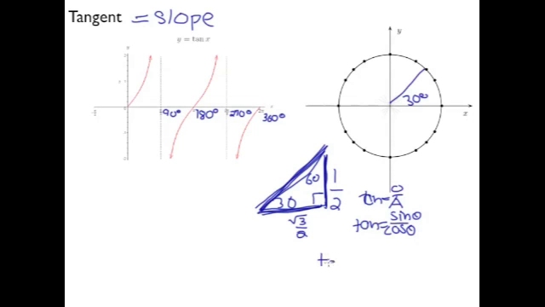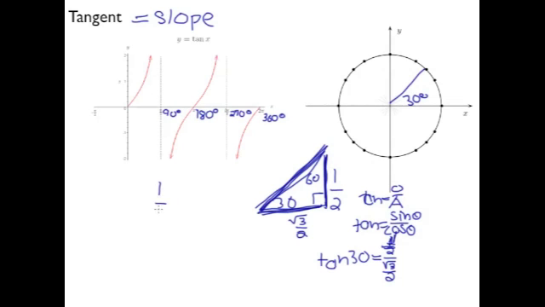So in this case, theta is 30, so tan 30 would equal 1/2 over square root 3 over 2. So now let's do the math over here so we can have more space.